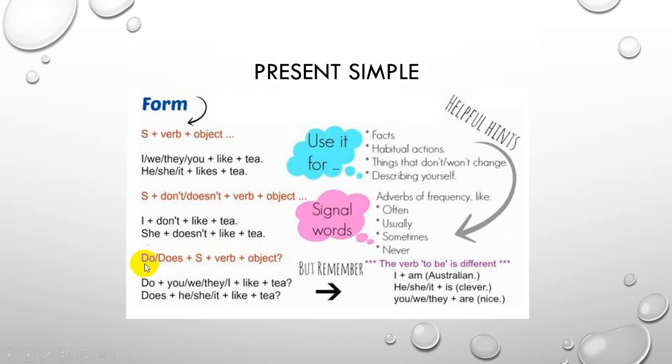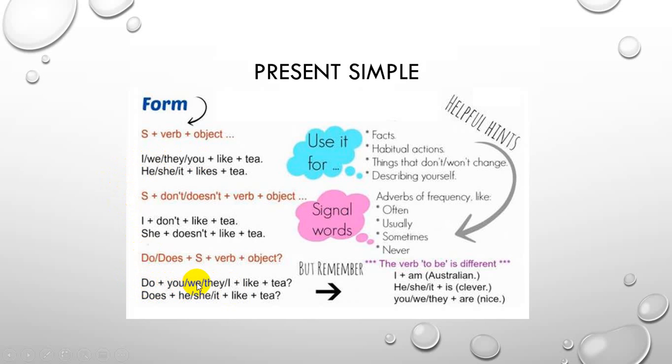In the question form, we have do or does. It depends. For example, you have to use do when we explain about I, we, they, or you. Okay, we have explained about that.